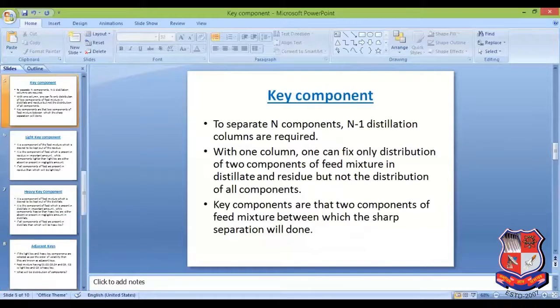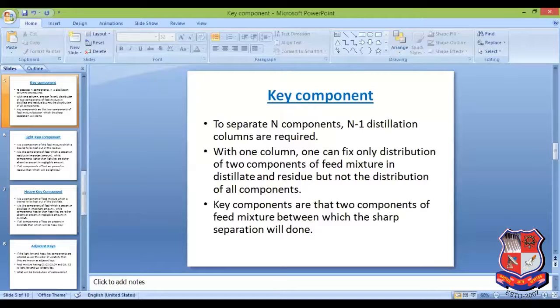Okay. So in real life, there are cases where we have to deal with more than two components. Suppose we want to separate n components, then we require n-1 distillation columns. If we use only one column, we are never going to get distribution of all the components.